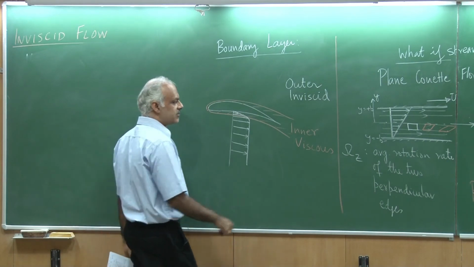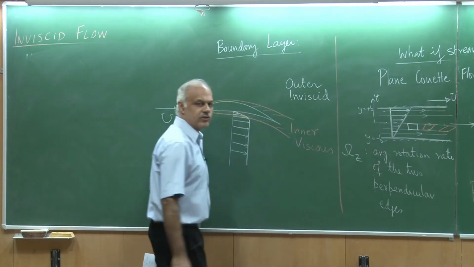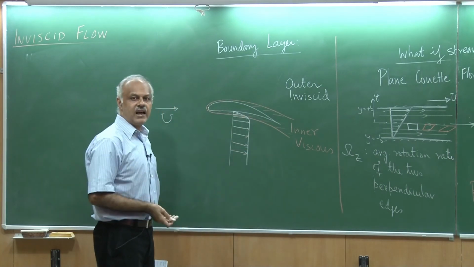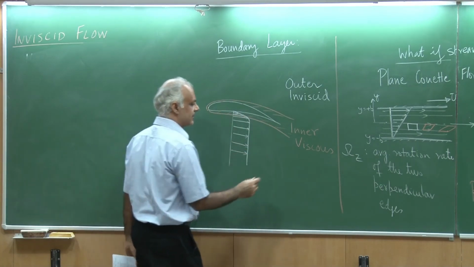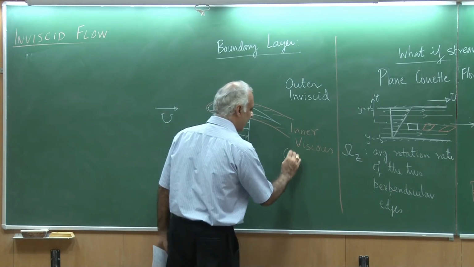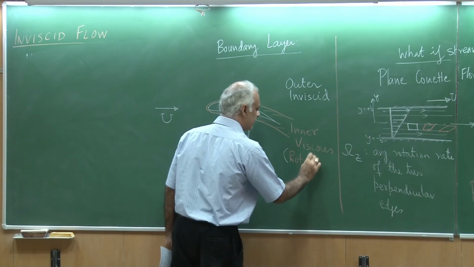And as you can guess from the example of the plane Couette flow, inside the viscous boundary layer I definitely have a rotational flow.